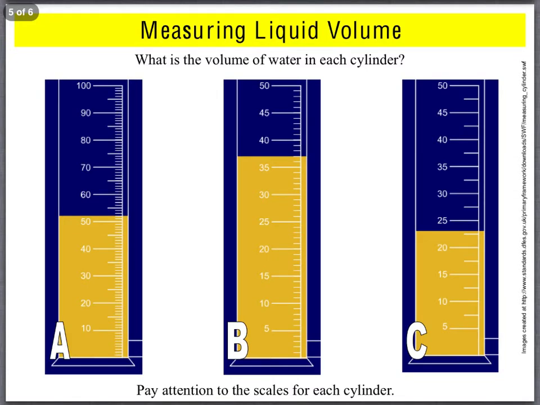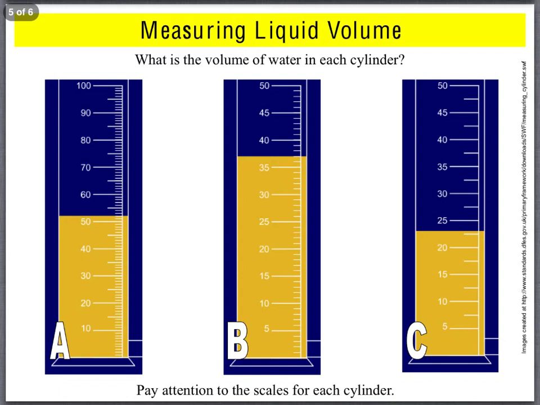So let's practice reading some volumes from graduated cylinders. We'll first look at A. You'll see from these pictures that there actually is no meniscus in these pictures, but if these were real graduated cylinders, you would see that curved shape at the top.